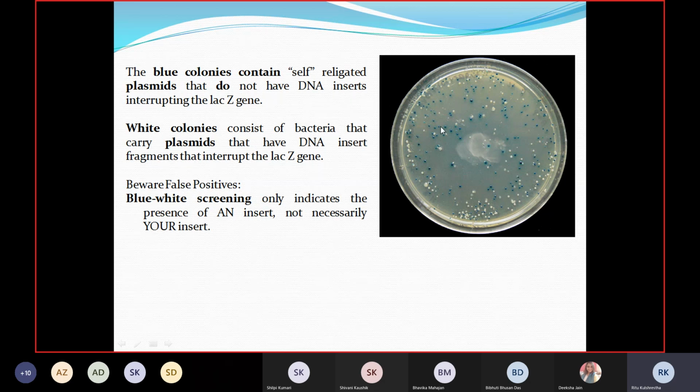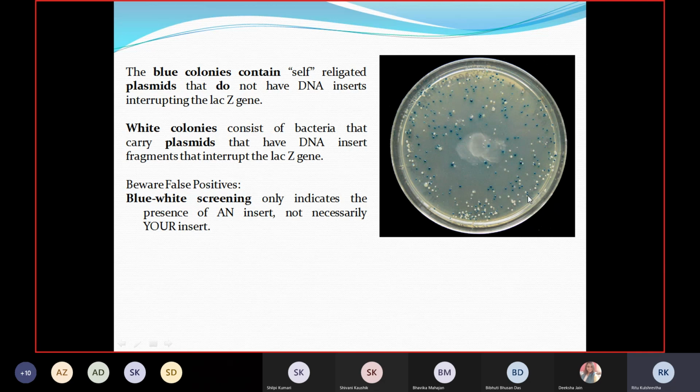The one which has taken up the non-recombinant plasmid will give a blue color because the alpha peptide was intact. While the bacteria which takes up the recombinant plasmid will give a white color because it is unable to make functional alpha peptide and functional beta-galactosidase. Okay, so this is how this plate will look.